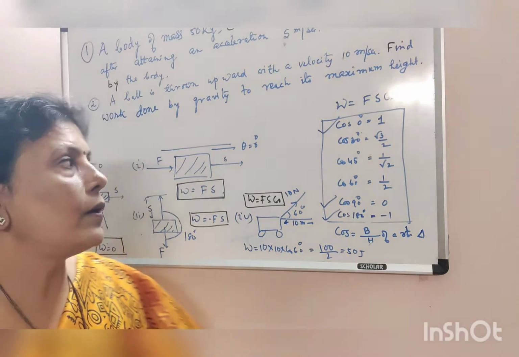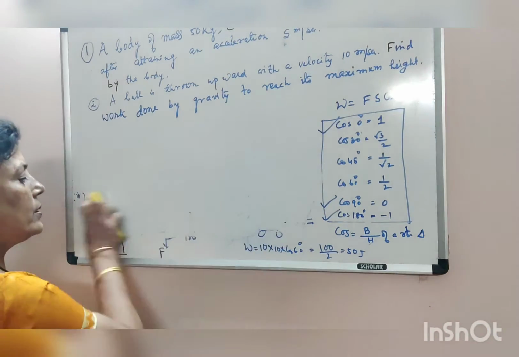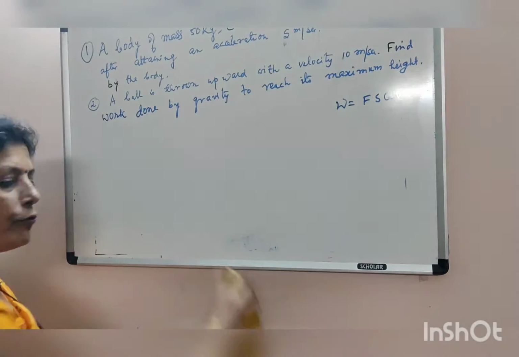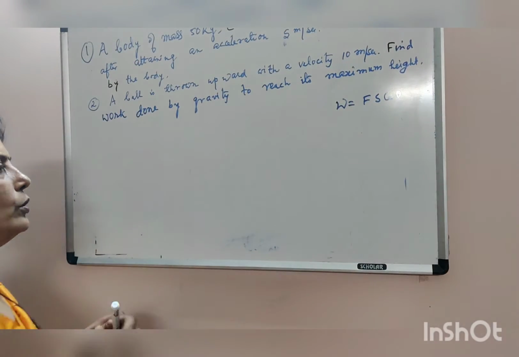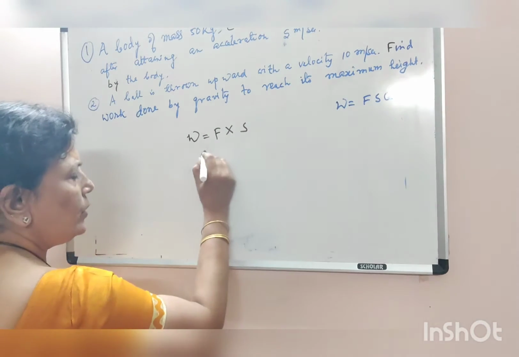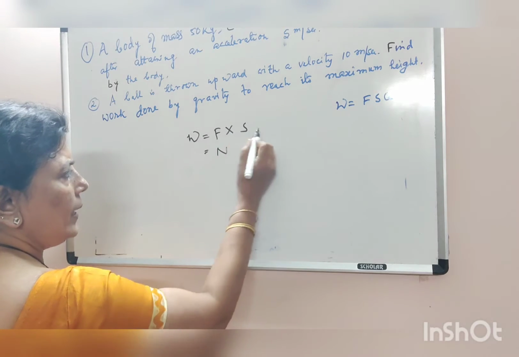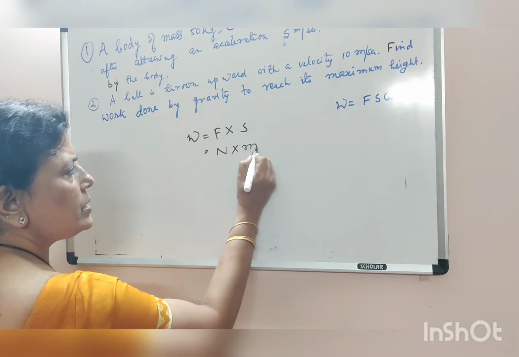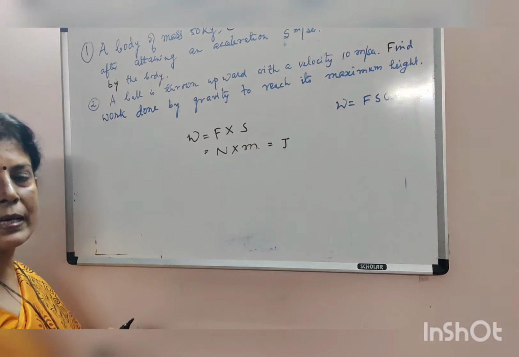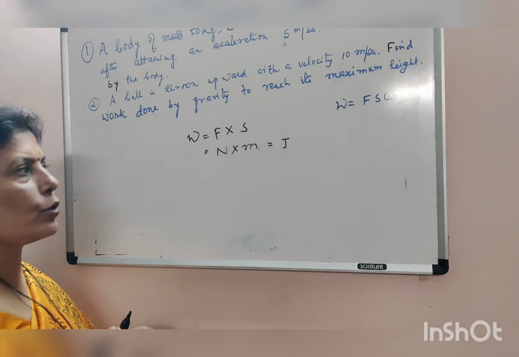Why joule? Because the SI unit of work is joule. What is joule and the definition of 1 joule? First, what is joule? W is equal to F into S. The SI unit of force is Newton and the SI unit of displacement is meter, and this is called joule in honor of the scientist James Prescott Joule.